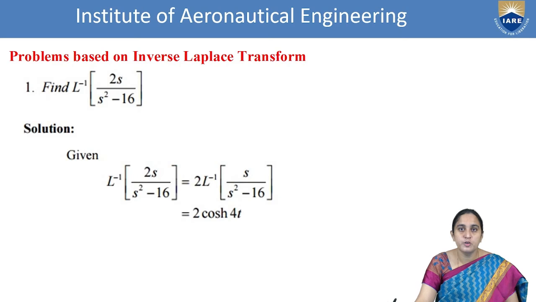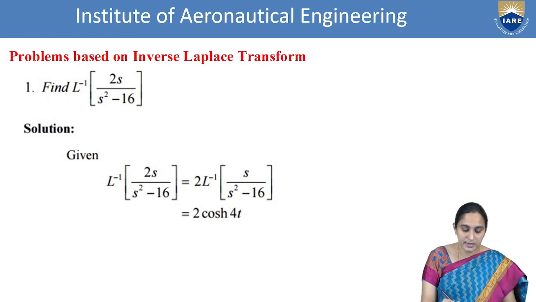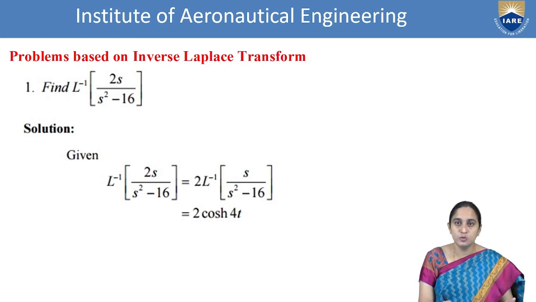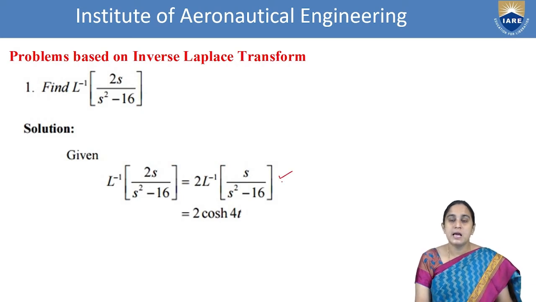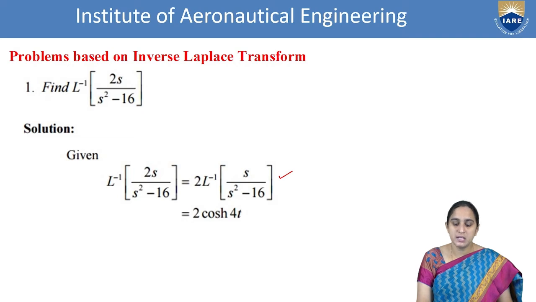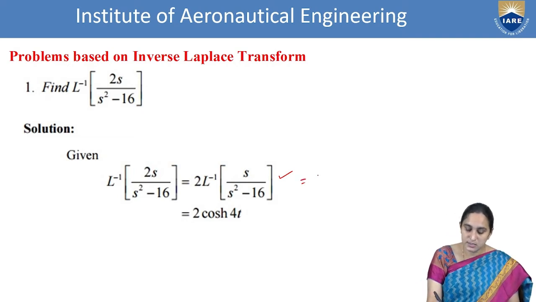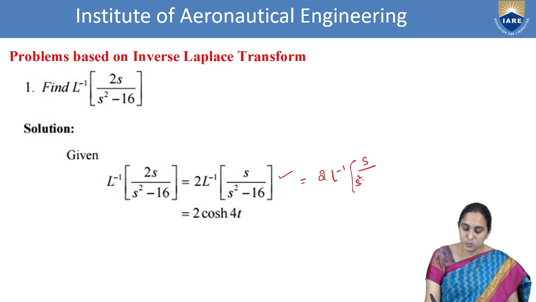Laplace inverse of 2s by s square minus 16, that is, okay, here in the numerator I'll take 2 outside, after that it becomes 2 into Laplace inverse of s by s square minus 16. I'll write that simply as 2 into Laplace inverse of s by s square minus 4 square.